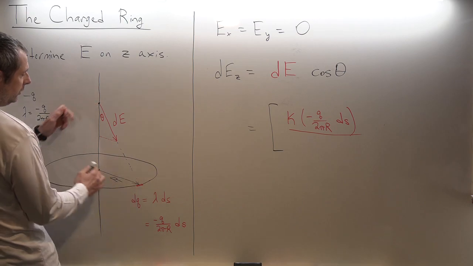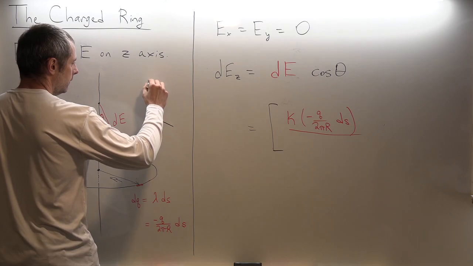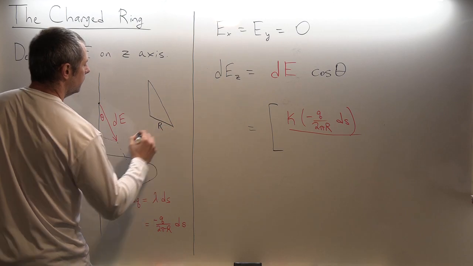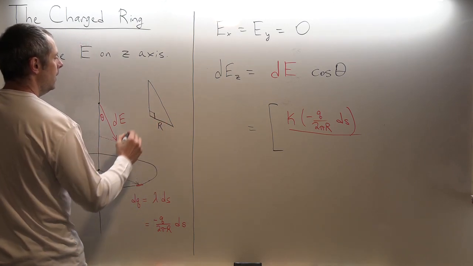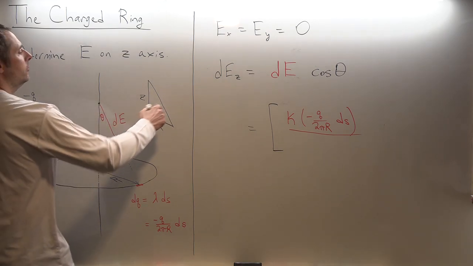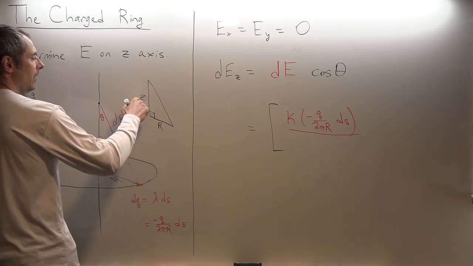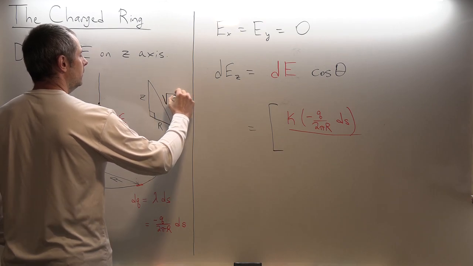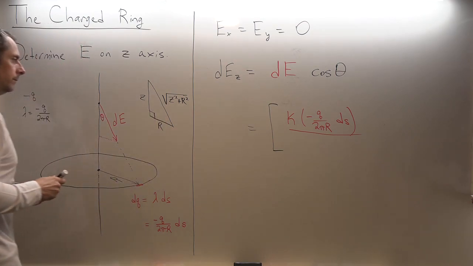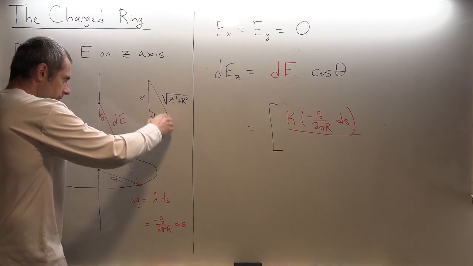If I redraw this geometric triangle, like this is the radius. This is a 90-degree angle, and this is the Z coordinate above the center of the ring. By the Pythagorean theorem, C squared is that squared plus that squared, so C is radical Z squared plus R squared. Okay? So R squared is that squared.